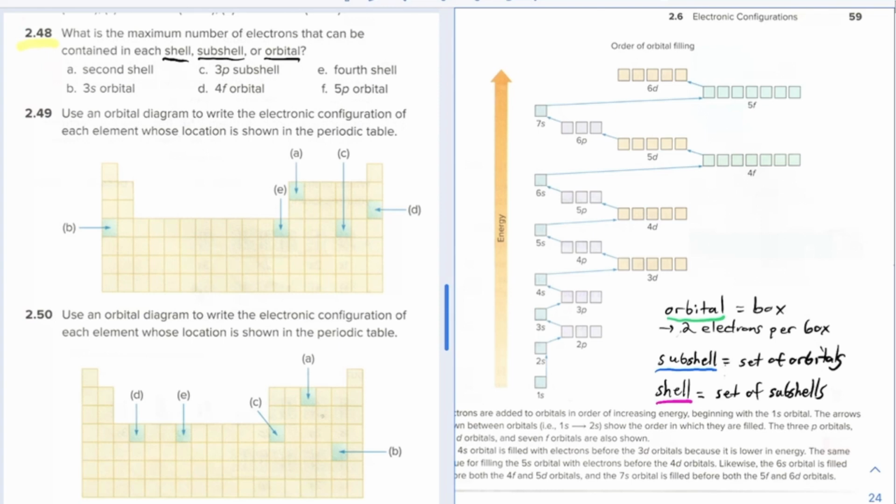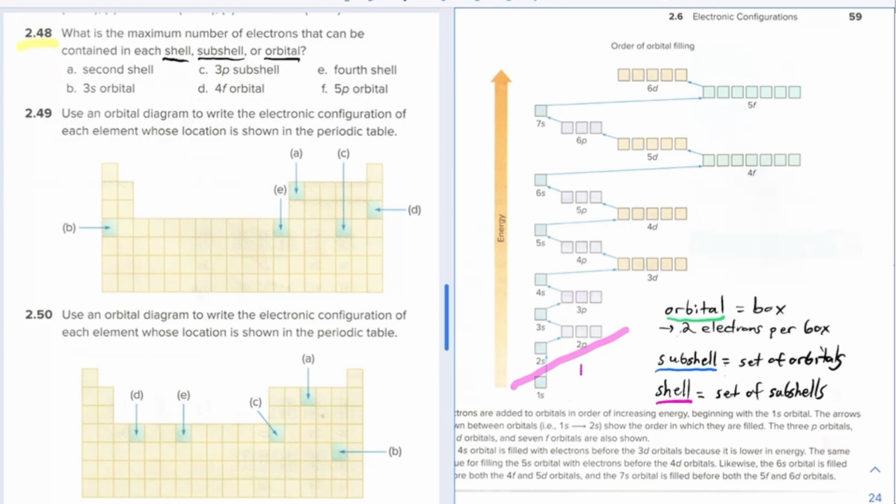The shells are noted by the numbers here. So the first shell is just this one right here. All it has is just that one s subshell, which itself has only 1 orbital in there.